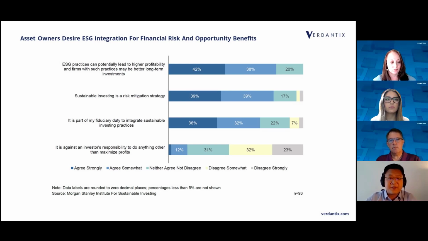In this survey conducted by Morgan Stanley, of the largest roughly 100 asset owners active in the market, over 40% agreed strongly that ESG practices are an additional lens to identify more competitive, more profitable businesses who can compete in the long term.